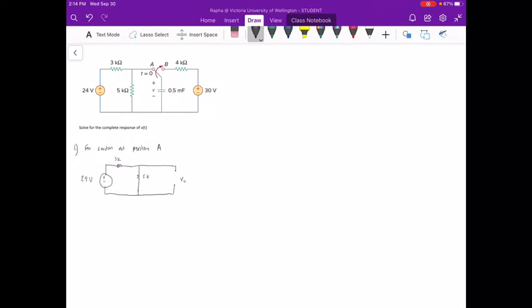In order to solve that, we need to do voltage division. So VC is equal to 24 volts, the main voltage source, times 5k, because that's the voltage that is the same as VC, over 5k plus 3k, and our VC is equal to 15 volts.